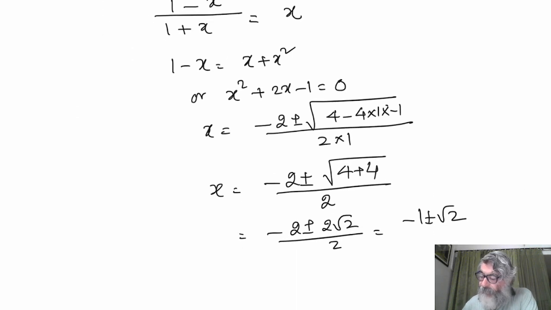Now the question is, 22°30′ is an acute angle, so the value will be positive. There are two possibilities.